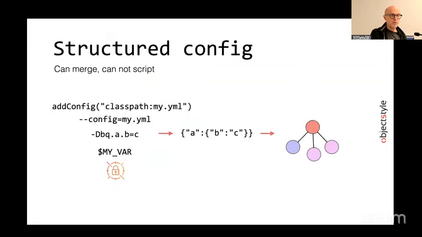Configuration. We've seen how to do configuration via YAML file, but there are multiple levels. Of course, we don't want to limit the users on how you can configure your app. The first one, you actually do it in the code. You can just reference a class path resource. It's not unlike Spring. I guess the point here is that most of the configuration is very technical to the end user.